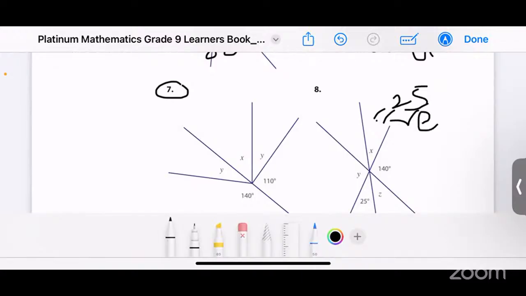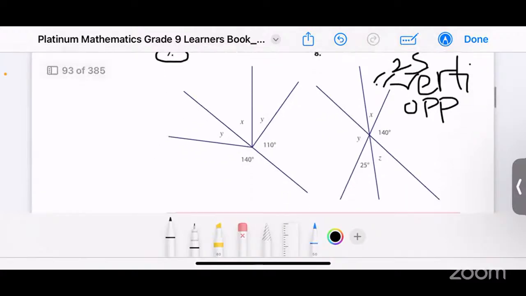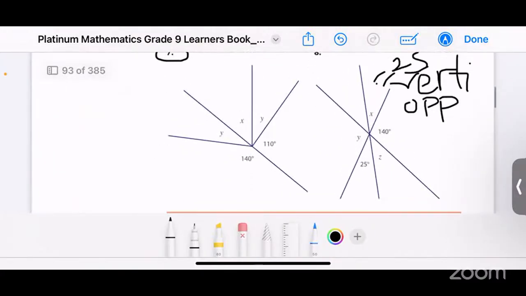Reason: vertically opposite. What about Y? What is the value of Y? Y is equals to 140. Reason: vertically opposite.